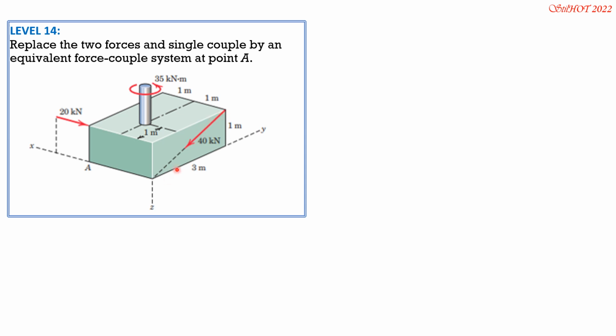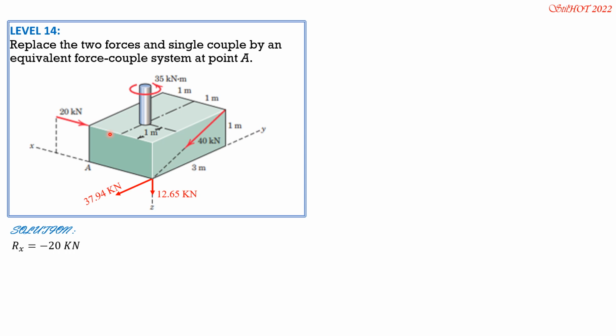So for the 40, the slope is 3 along Y, then 1 along Z, then square root of 10. So this component is 40 times 3 over square root of 10, which is 37.94, while the Z component towards the positive Z axis is 40 times 1 over square root of 10, and that is 12.65 kilonewtons. So Rx therefore is negative 20 only.